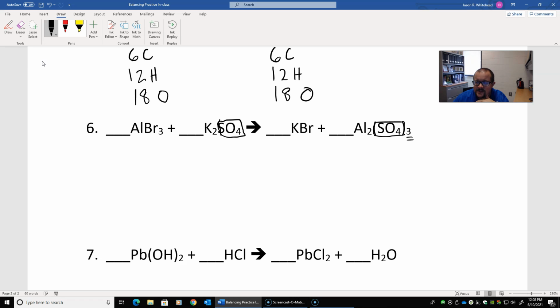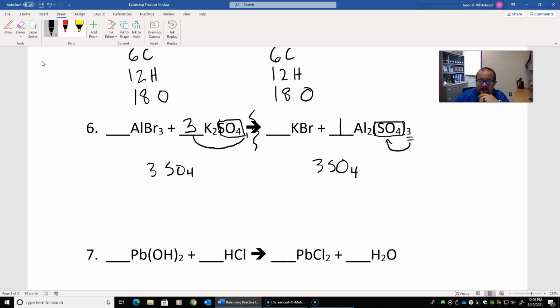And this 3 is outside the parentheses, so that tells me I have 3 of these. So if I have 3 on the right, 1 times 3 would give me 3 of them, then I need 3 on the left also. So I'm going to say 3 in this coefficient, and then 3 times 1 gives me the 3 sulfates that I need. So now I have 3 on each side.